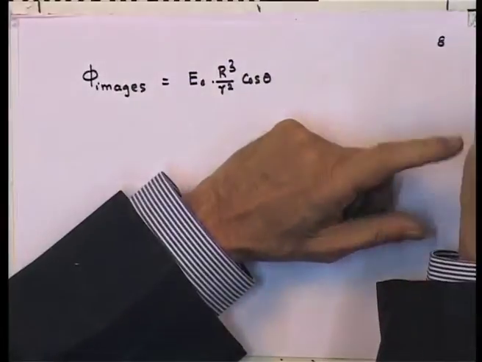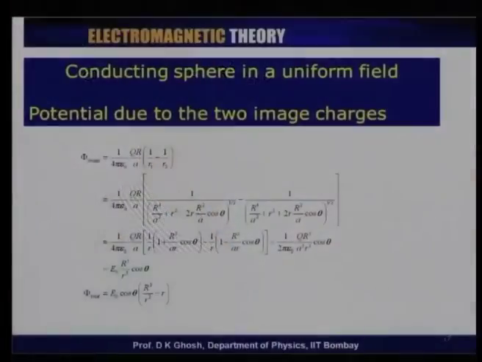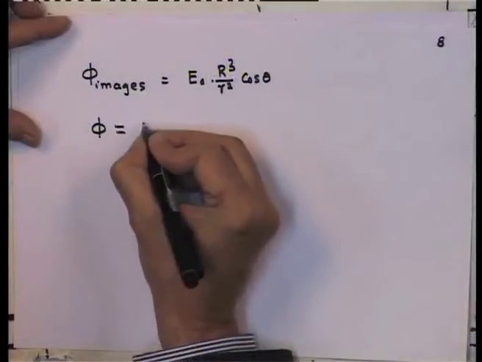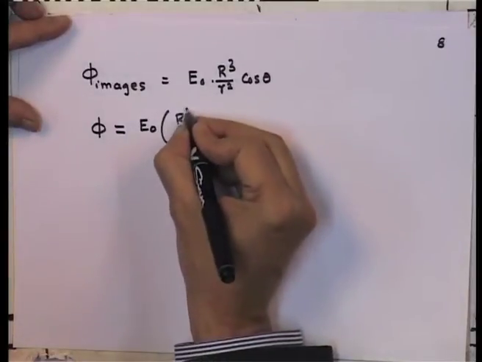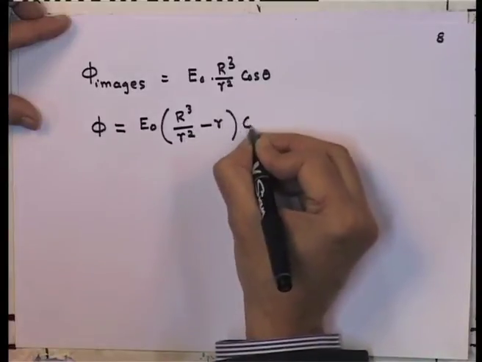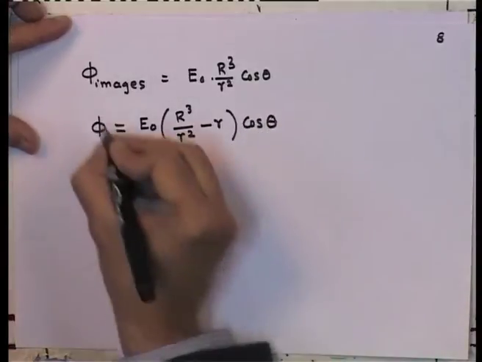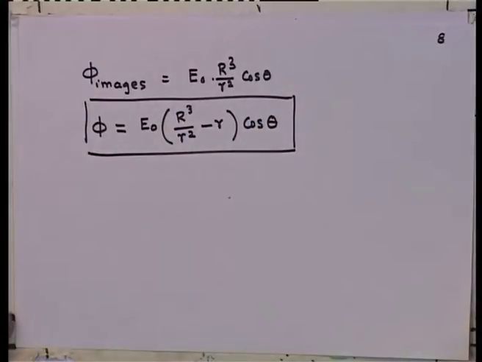And you recall that E 0 r cos theta was my potential due to the uniform field. So, as a result, my net potential is E naught r cube by r square minus r cos theta. And if you go back and look at what we did earlier, this was precisely the expression that we had.